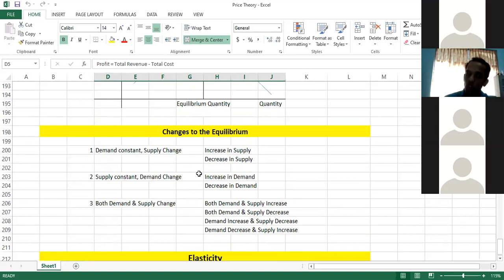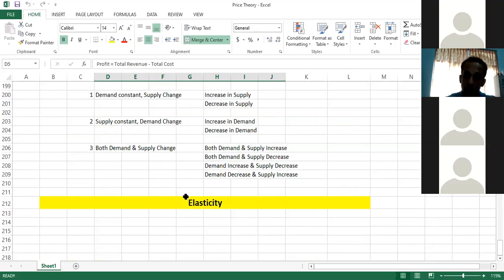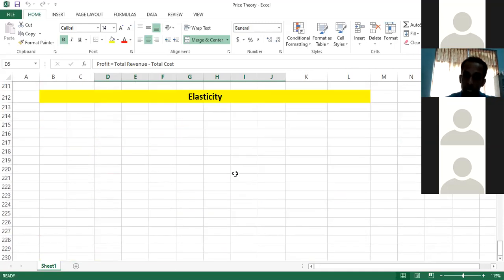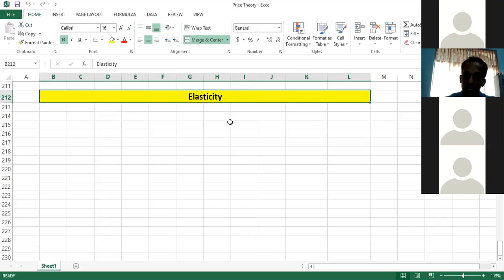But in addition to the changes in market forces, equilibrium can also change due to government intervention. But before we discuss government intervention, we have to discuss another key area in economics, that is elasticity. We'll discuss the key elasticity concept at the beginning. After that, we can move to the government intervention part.